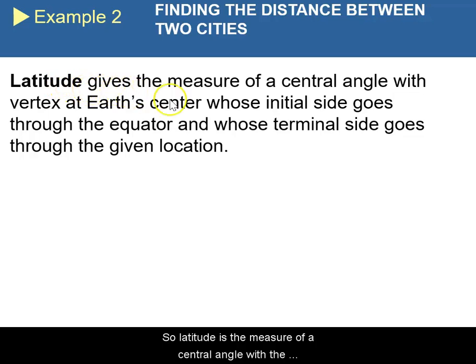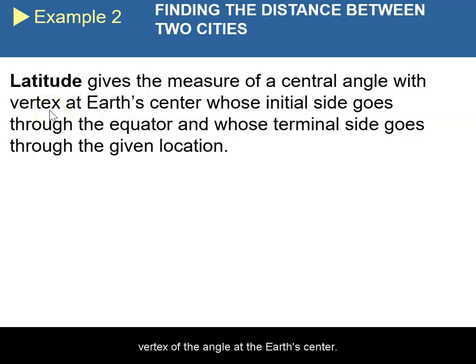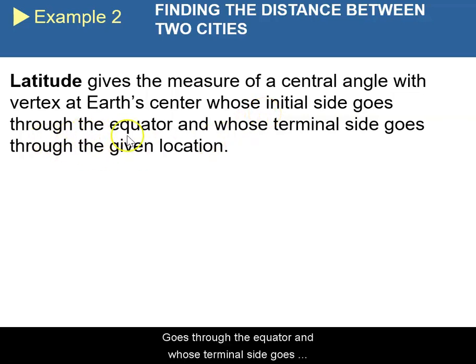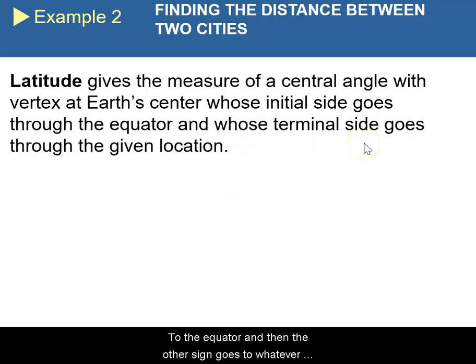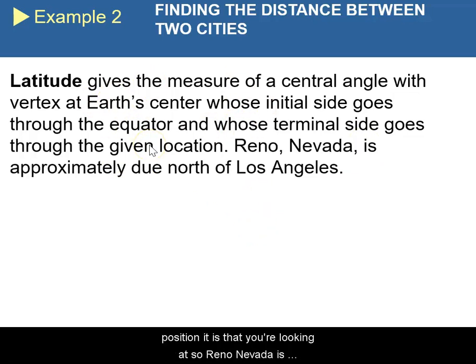So latitude gives a measure of a central angle with the vertex of that angle at the Earth's center, and whose initial side goes through the equator and whose terminal side goes through your given location. Okay, so all latitude measures are from the center of the Earth to the equator, and then the other side goes to whatever position it is that you're looking at, right?